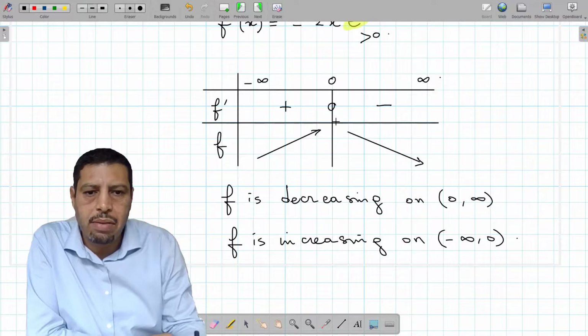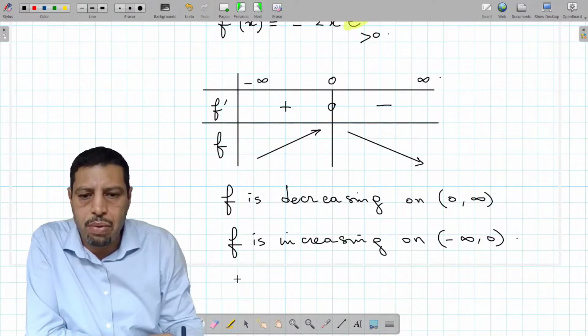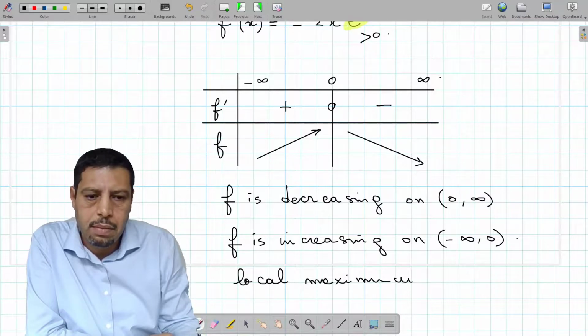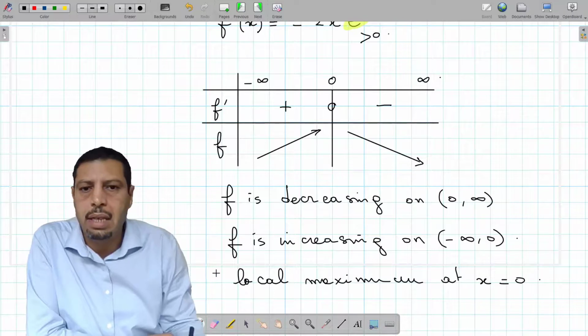We can see clearly that we have a local extrema at x equals 0. So we have a local maximum at x equals 0. We are done with this function.